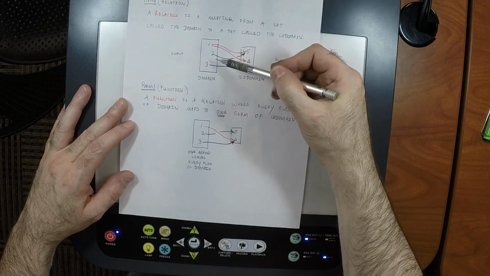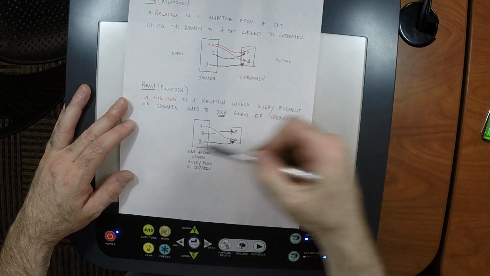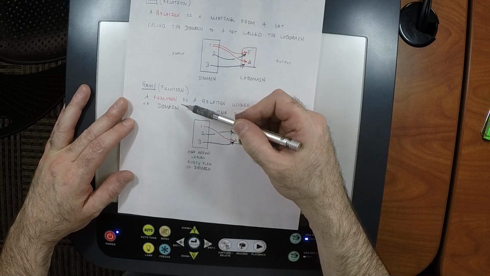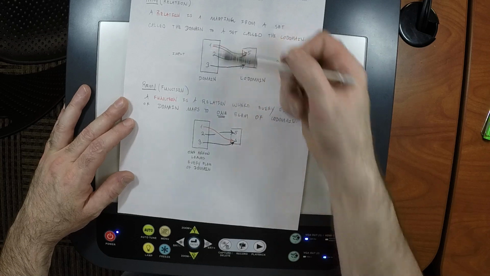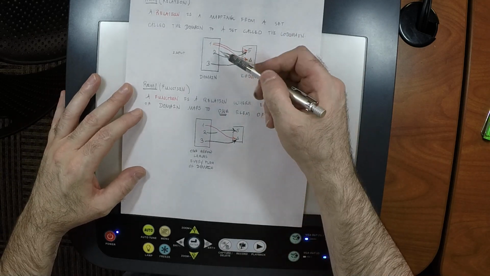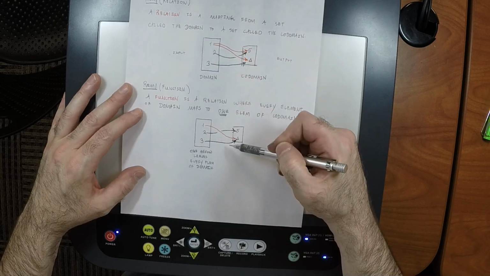So this is a relation, and this is also a relation, but it's also a function, because every function is a relation, but not the other way around. So not a function, yes, a function.